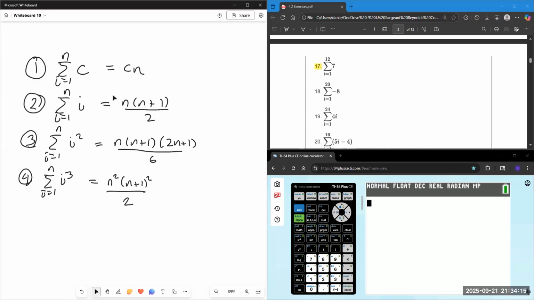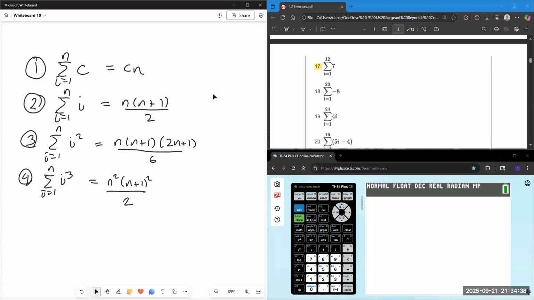You may come across them, but you'll definitely need to know them in this unit for your test. You almost certainly will have to find a lower sum and an upper sum, or even do a limit process to find an area, and you will need to know these formulas.